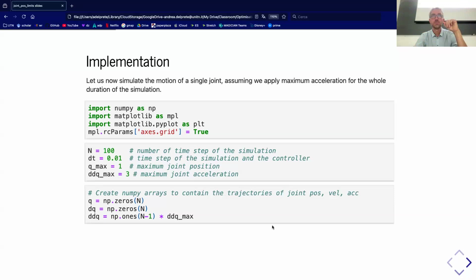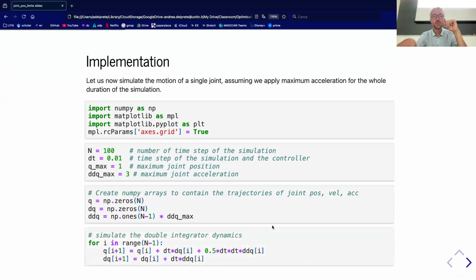Is everything okay so far? And this is basically the simulation. I've implemented a for loop for n-1 steps. At every iteration of this for loop, I'm simply computing the new joint positions and the new joint velocities based on this vector of joint accelerations, which are actually going to be constants.